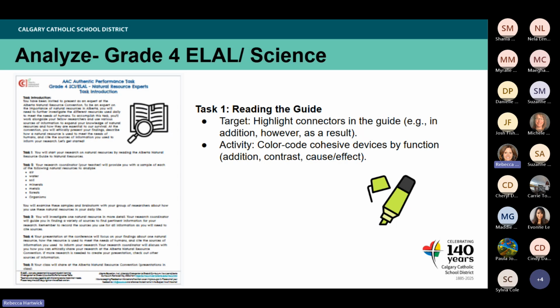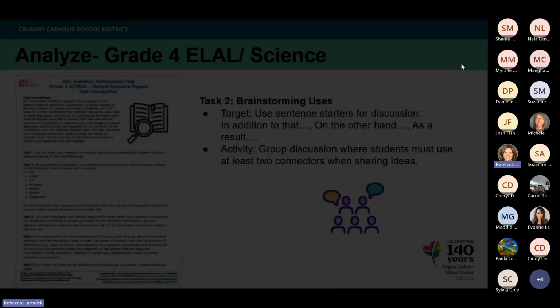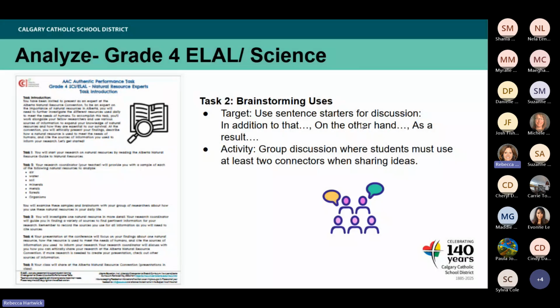Color code, and then a higher level would be to color code cohesive devices by function. Is this an addition cohesive device, a contrast, or a cause and effect? And again, the students could have the cohesive device poster beside them, and they could use it and say, hey, I wonder if I could find any in this guide. So there's one way on that task how you could use them.